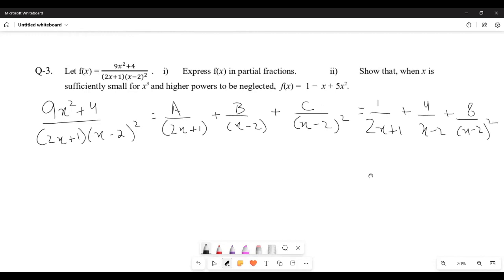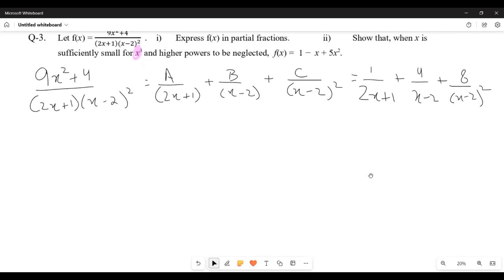Now we have to expand that. And they're telling us to ignore x cube and higher terms. So this is going to be relatively less lengthy than the last question. Okay, let's start with the expansion.